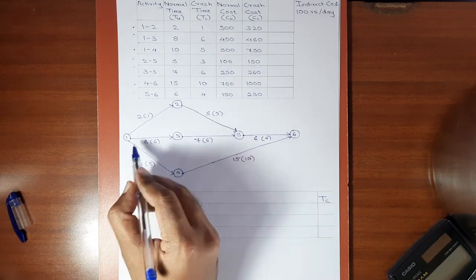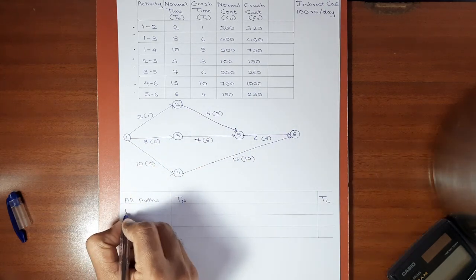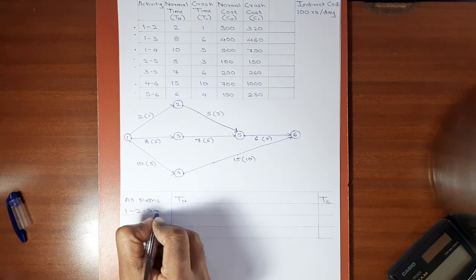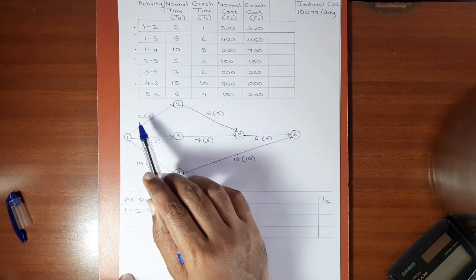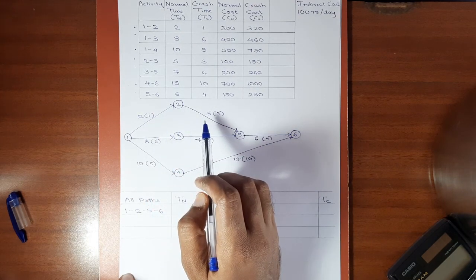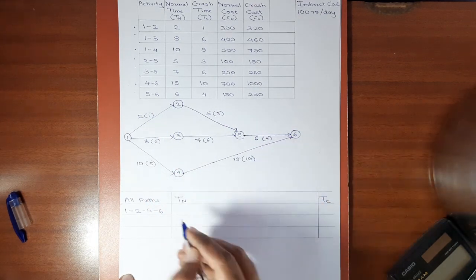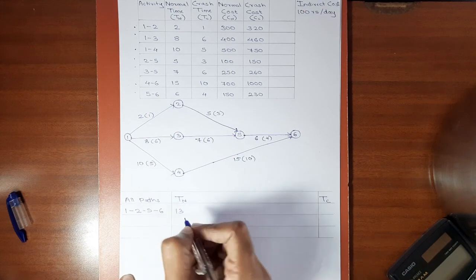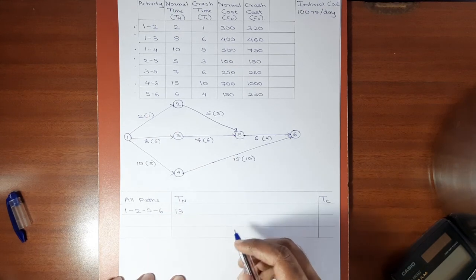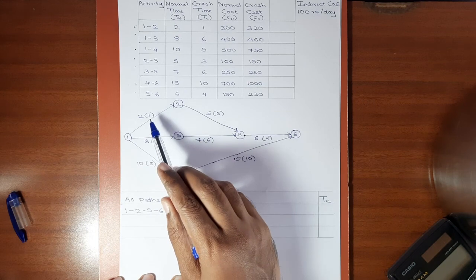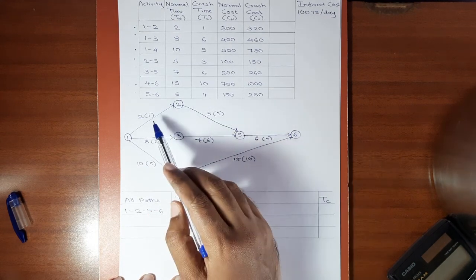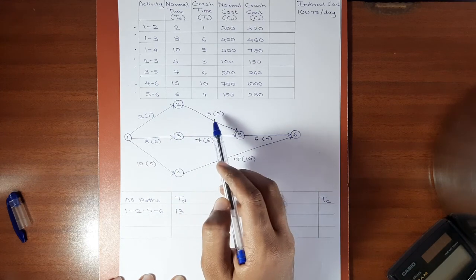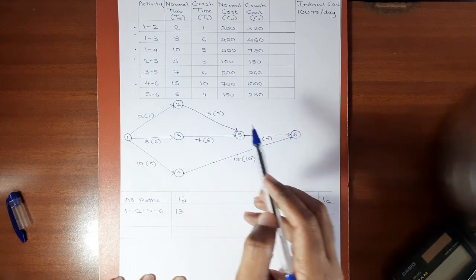For the first path, 1, 2, 5, 6, let's calculate the normal duration. The normal duration will be 2 plus 5, 7, 7 plus 6, 13. Normal duration will be 13 days. And crash duration will be, now we'll be taking the numbers which are written in brackets. So the crash duration will be 1 plus 3, 4, 4 plus 4, 8.